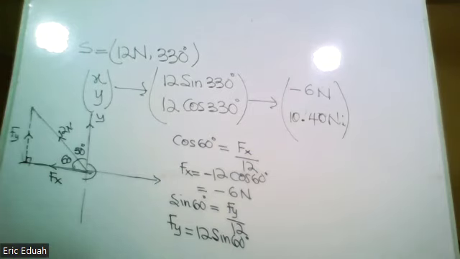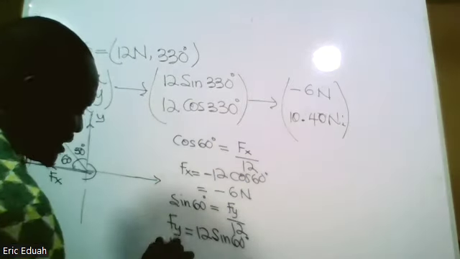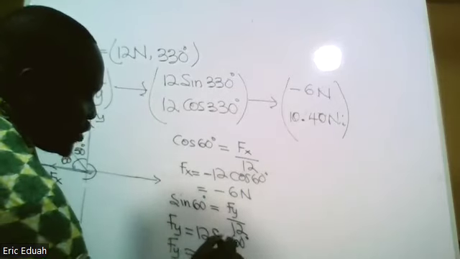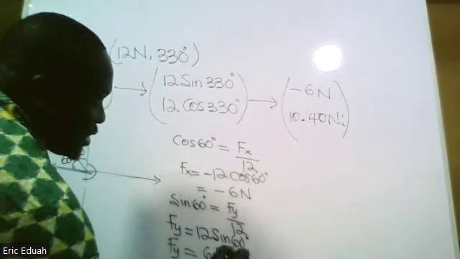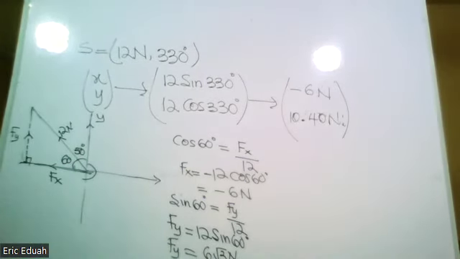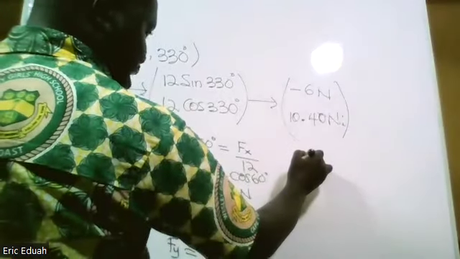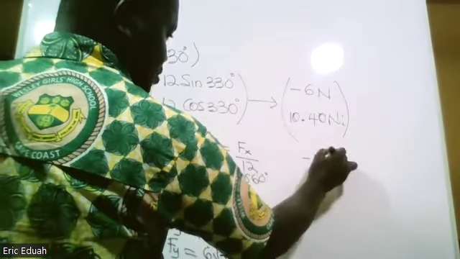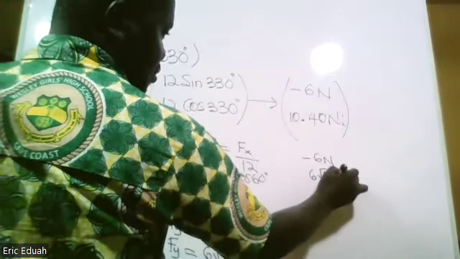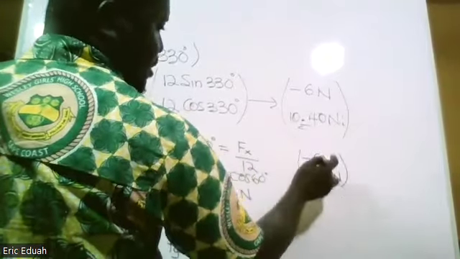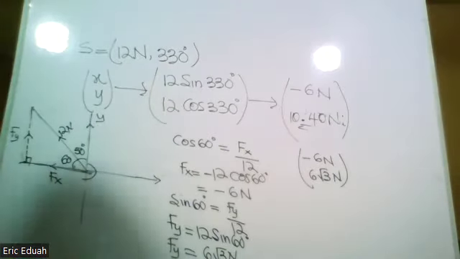Positive. So you leave it as it is. Fy therefore, sine 60 is root 3 on 2, so 6 root 3 Newton. And you can change 6 root 3 into a decimal figure. So the components we have are minus 6 Newton and 6 root 3 Newton, which is the same as 10.4.